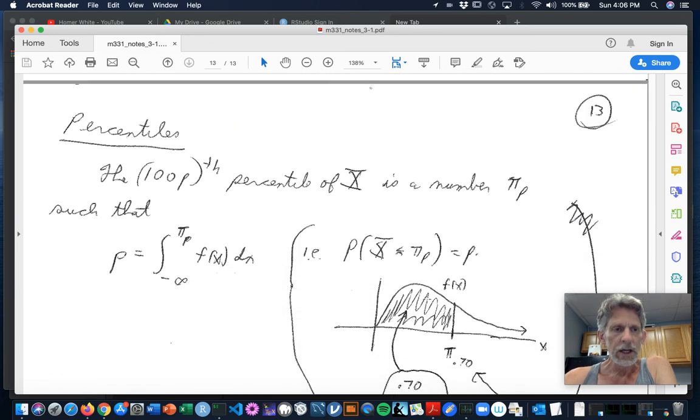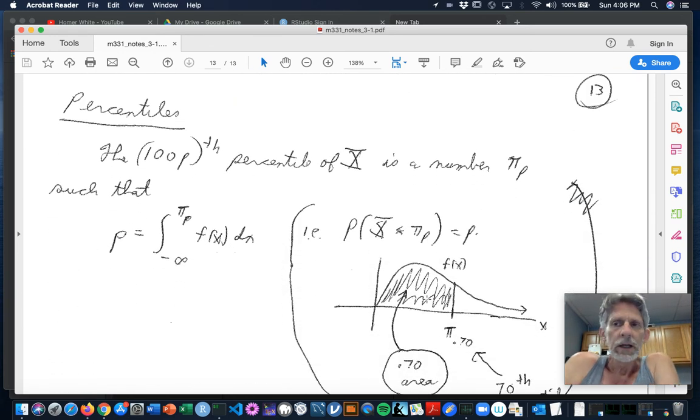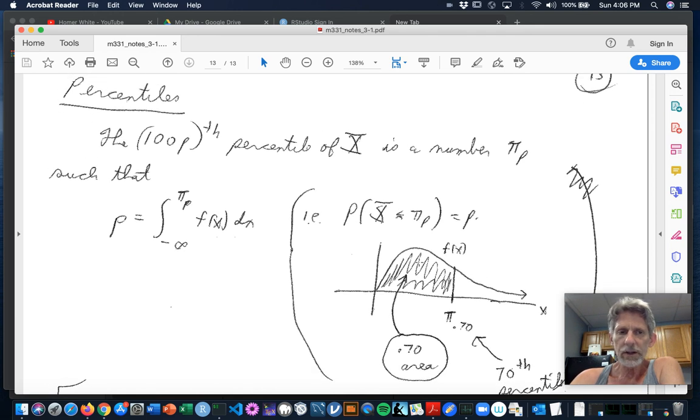Cool. Last little topic is percentiles for continuous random variables. So let me define the concept of a percentile in general.